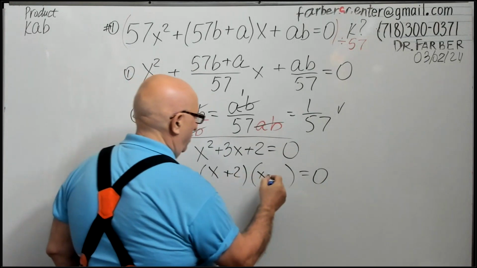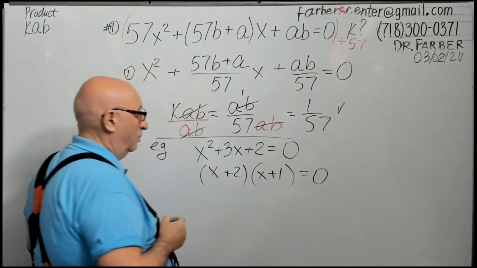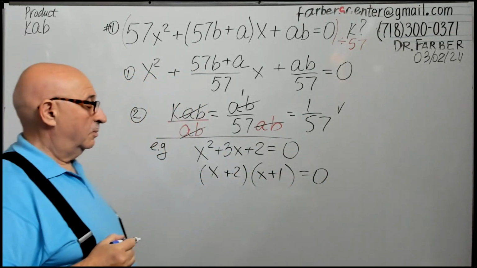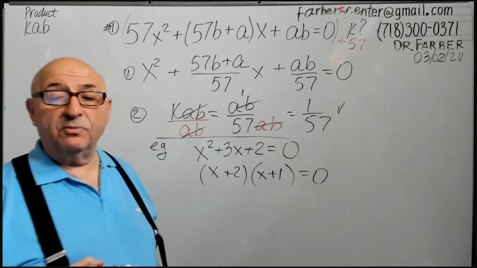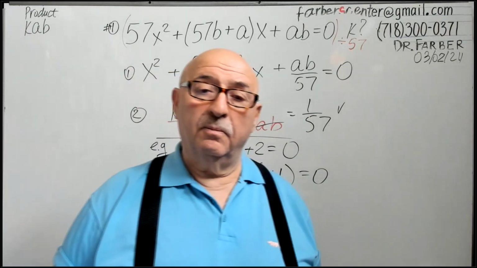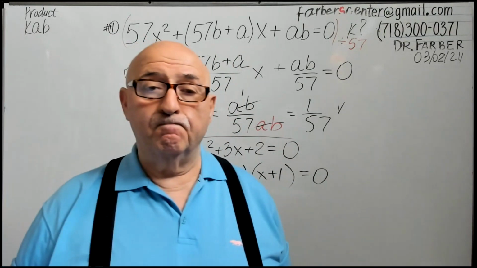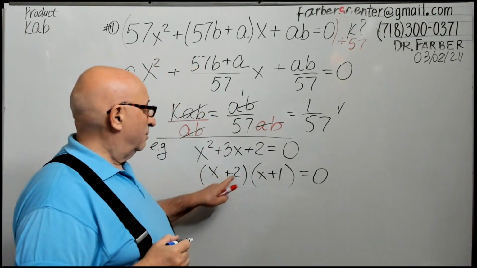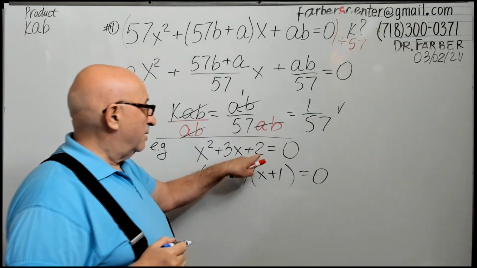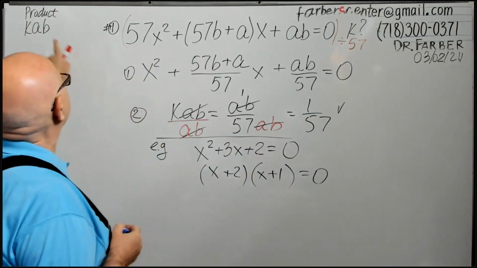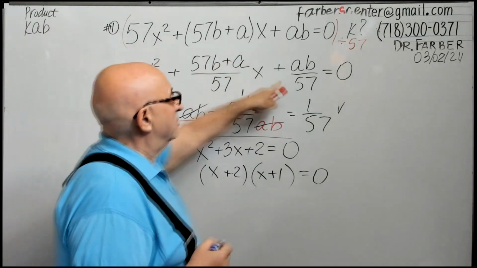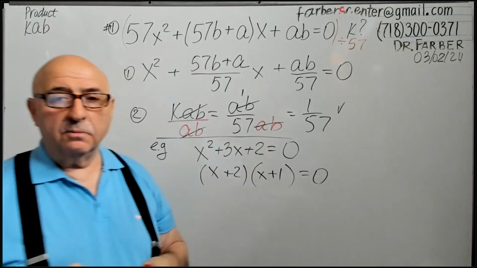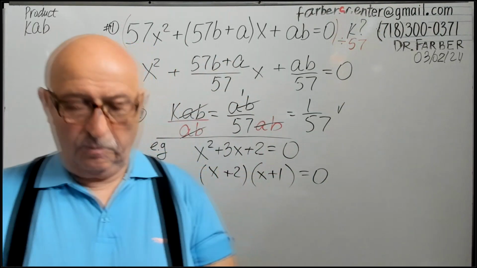Why? Because those numbers multiply to 2 and add up to 3. Okay, a synonym for multiply: product. So the product equals this guy without x. Oh, I see. Okay, thank you.